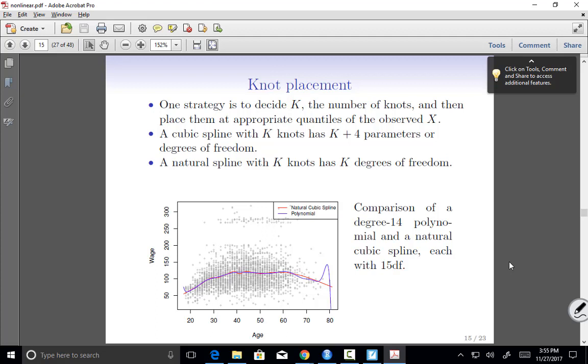Bootstrap could be used, and so could cross-validation. Choosing how many knots and where to put them is kind of a tuning problem. So with all this supervised learning stuff, you choose a class of models and then you tune it using either a train-test split or cross-validation.